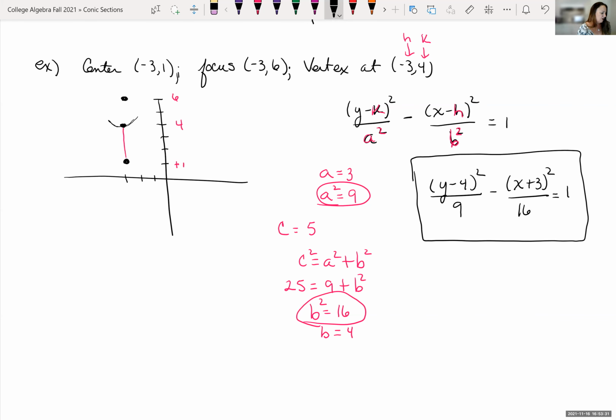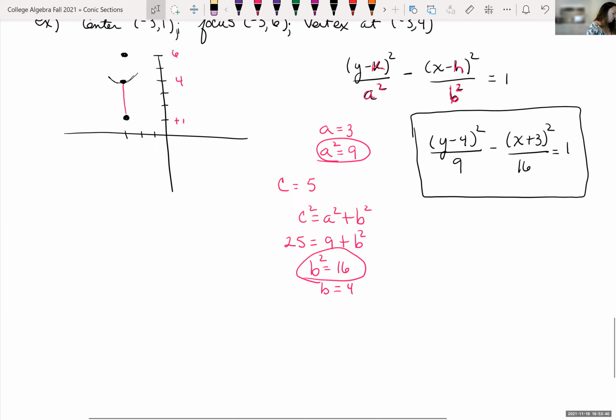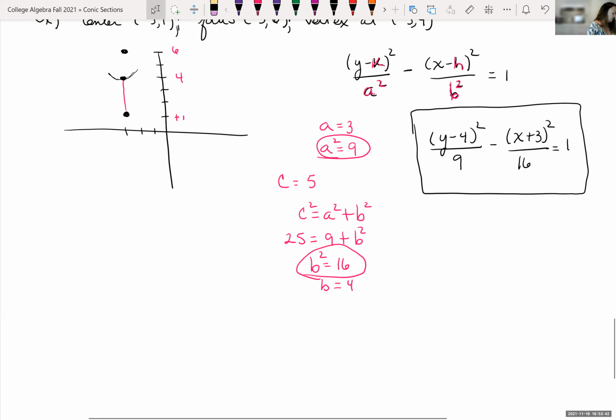So let's look at one more and then we'll take a break and maybe move on to a different section. Okay, so again, let's say that we're given information about that hyperbola and we're asked to find the equation.